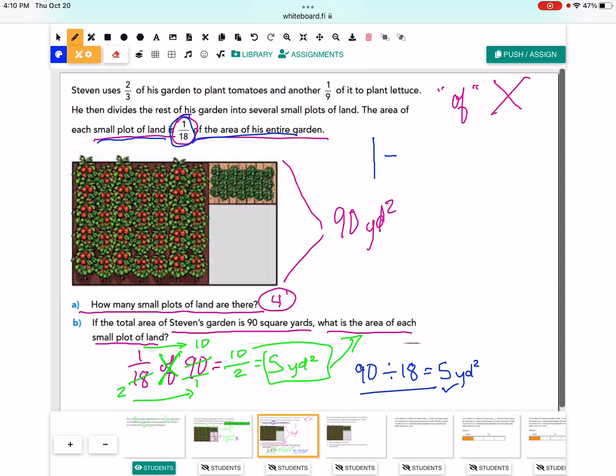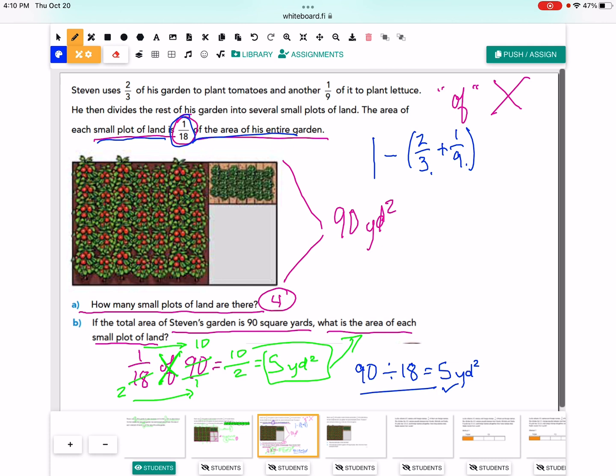And in that garden, there is 2/3 of it planted in tomatoes and 1/9 of it planted in lettuce. And so if I subtract the tomatoes and the lettuce from the whole garden, I will be left with the area of the small plots.